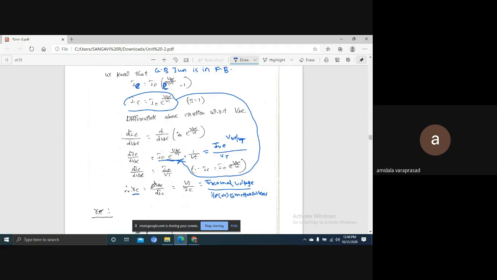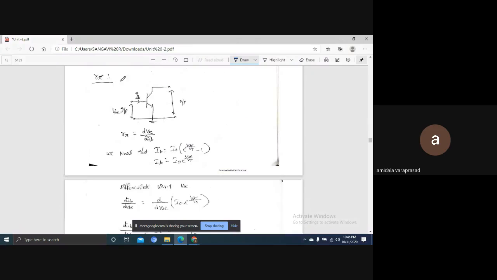We derived RE. Next, R pi. R pi occurs in CE configuration. Check it, in CE configuration, R pi is equal to input voltage by input current.